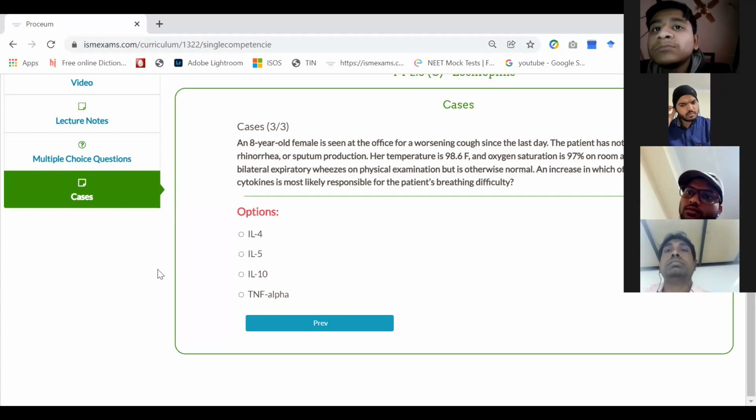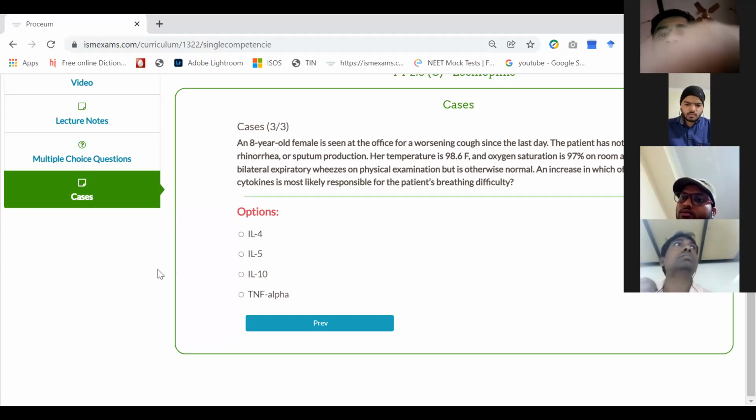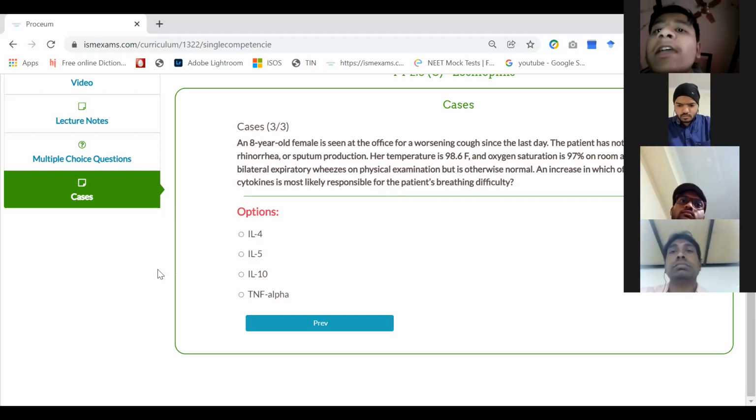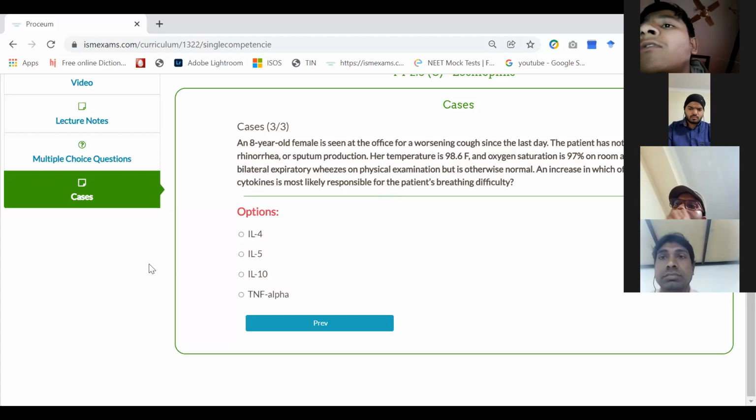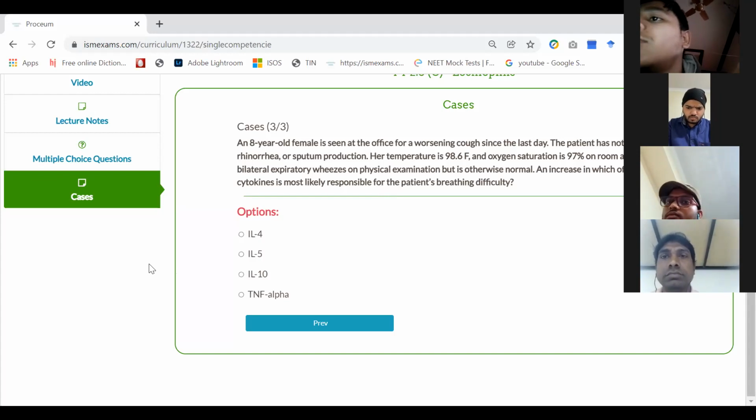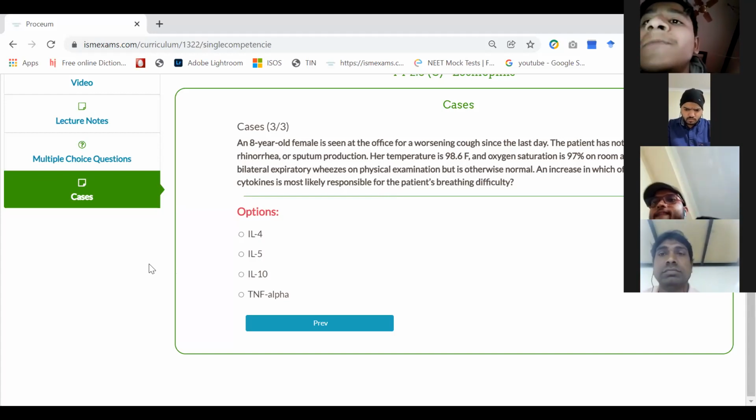An 8-year-old female is seen at the office for a worsening cough since the last day. The patient has not had any fever, rhinorrhea or sputum production.